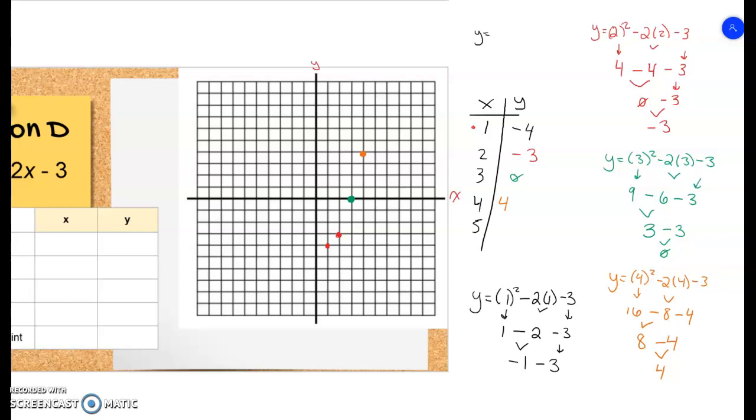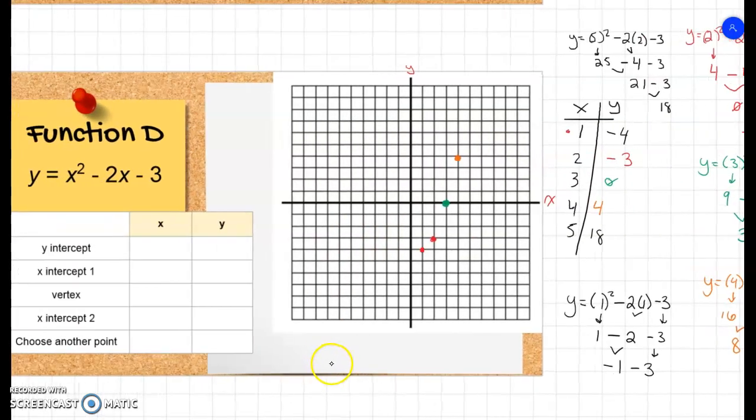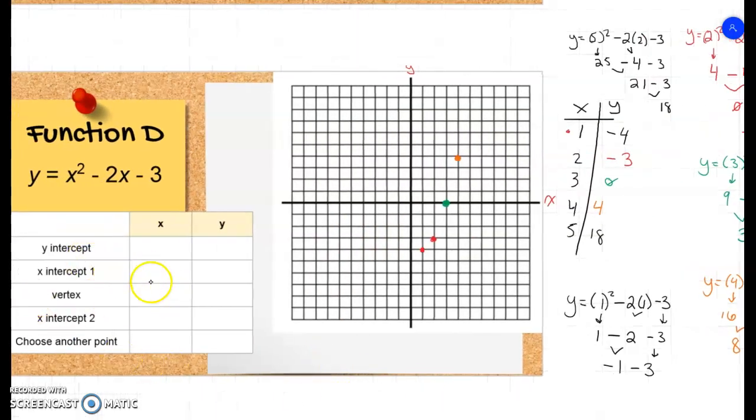So y equals 5 squared minus 2 times 5 minus 3. 2 times 5 is negative 10. 5 squared is 25. 25 minus 10 is 15. Minus 3 is 12. That one is really big, so I can't really graph it. So I definitely know my first x-intercept here is going to be my point right here, 3, 0.